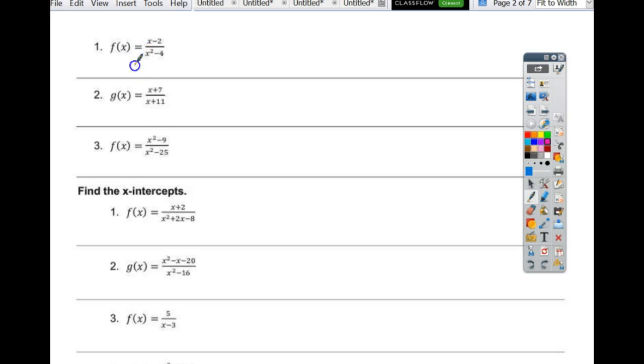So if I factor, where am I getting vertical asymptotes? So what are they? Here. X plus 2 and x minus 2. So the domain is going to be the x's such that x cannot equal plus or minus 2.